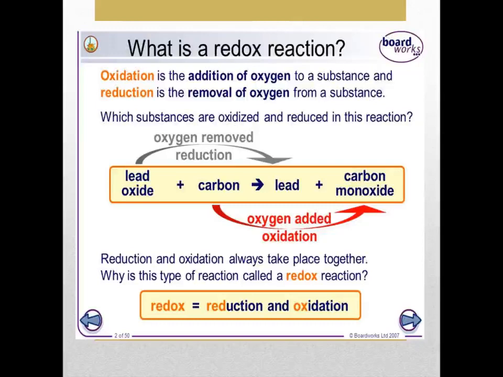And oxygen is added to carbon, that is oxidation. So, reduction and oxidation always take place together. This type of reaction is called a redox reaction. Redox equals reduction and oxidation. Have you understood, children?